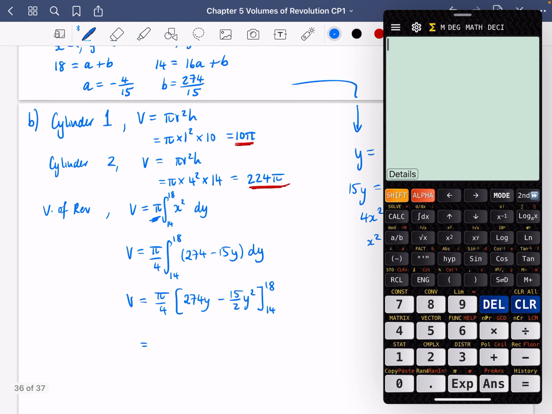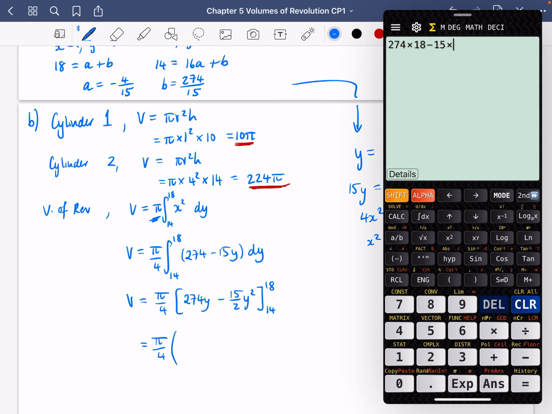So I'm going to sub in 18 to both of these bits. So it's going to be 274 times 18 minus 15 times 18 squared divided by 2.